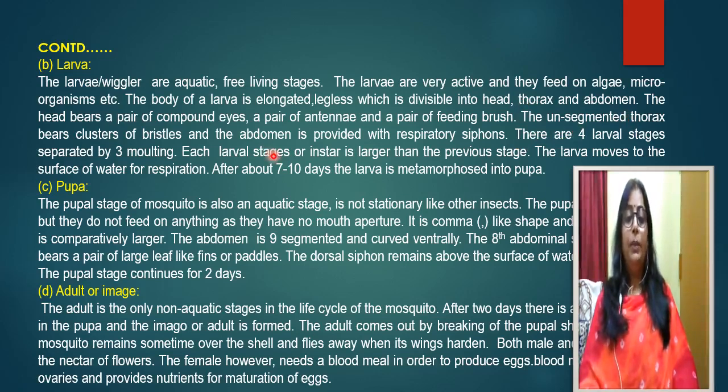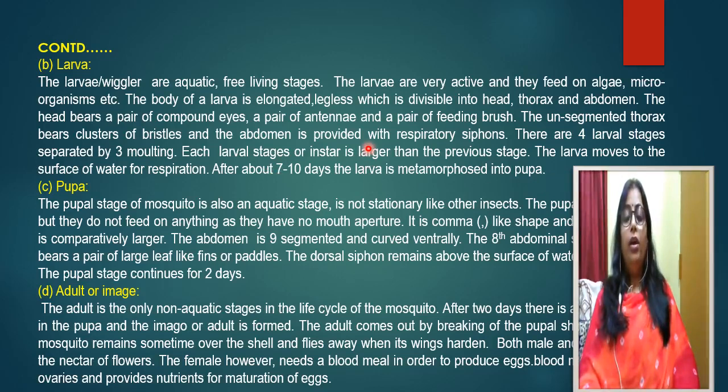The head bears a pair of compound eyes, a pair of antennae and a pair of feeding brushes. The unsegmented thorax bears clusters of bristles, and the abdomen is provided with the respiratory siphon.